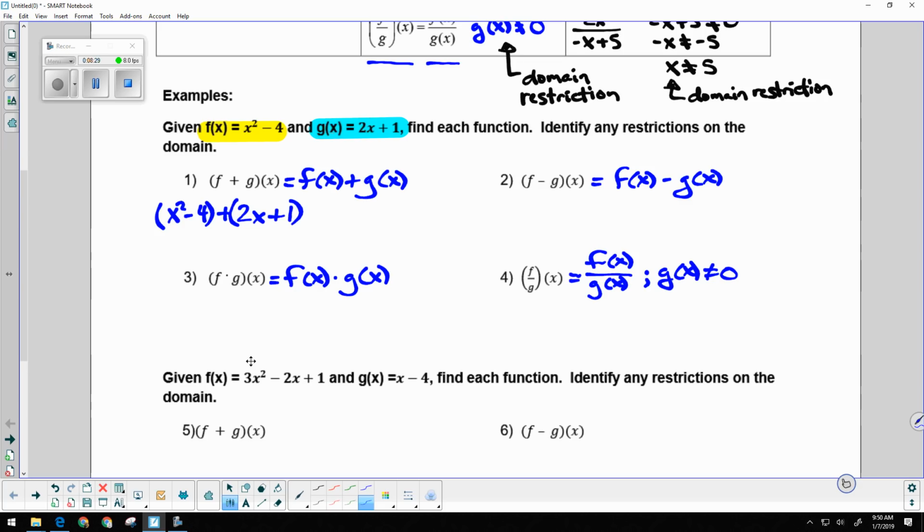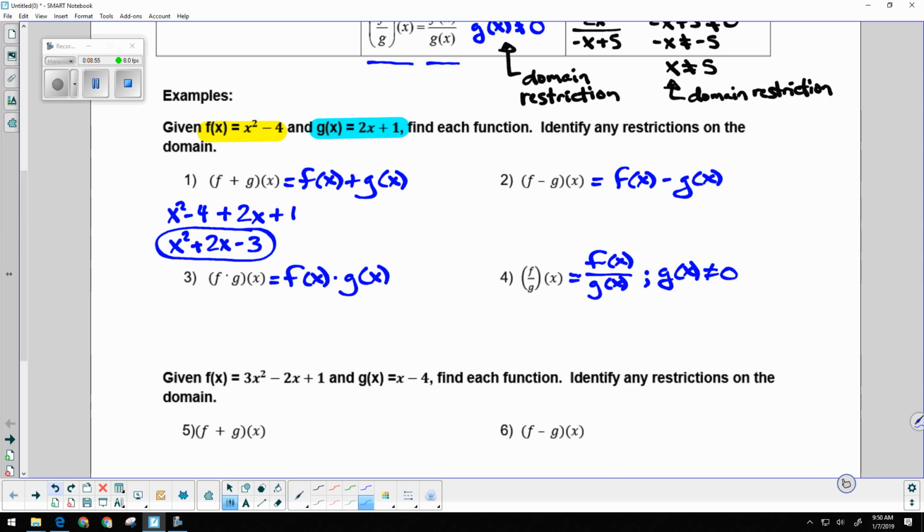I'm not distributing a negative sign, so they're really not needed, right? And at this point we're just going to combine our like terms. X squared stays x squared, 2x stays 2x, and then negative 4 plus 1 would be negative 3. This would be my result, okay? That would be the answer to number 1.